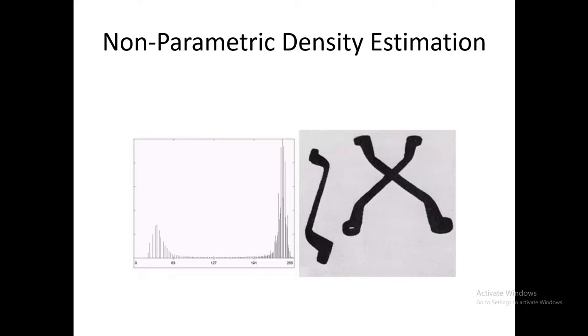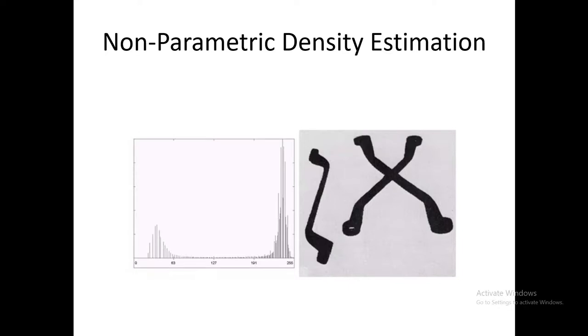Here these bins give us the number of pixels with a given value, like 127. This point gives us the number of pixels that have intensity value 127, and if we put all these numbers together, that becomes the histogram, which is also a distribution for the particular image.